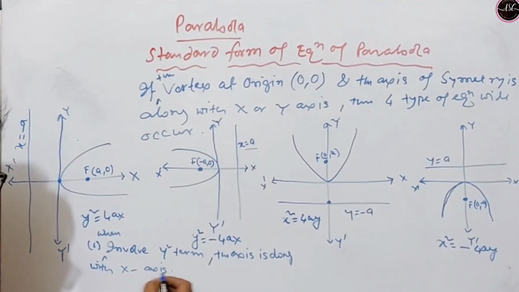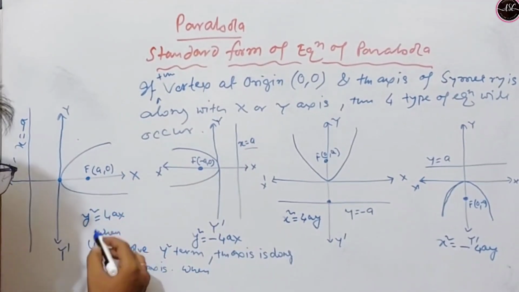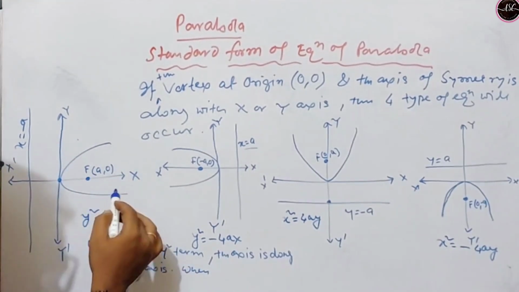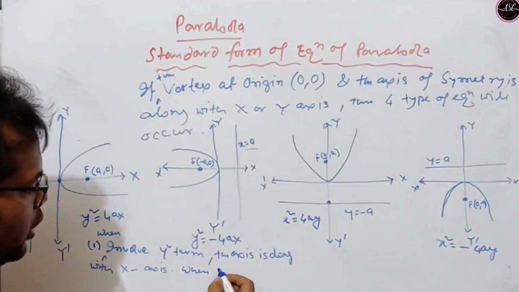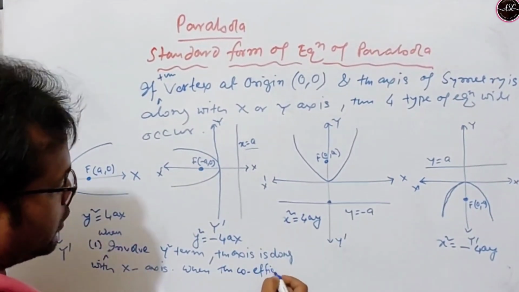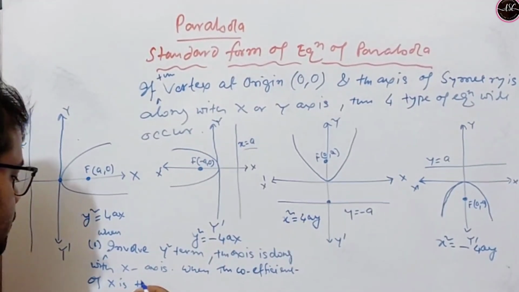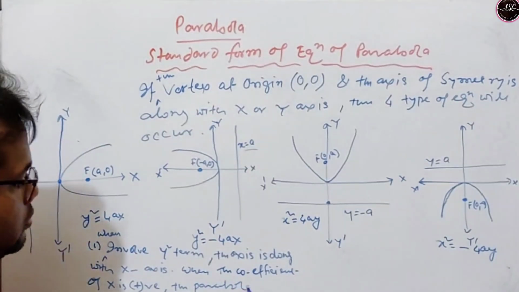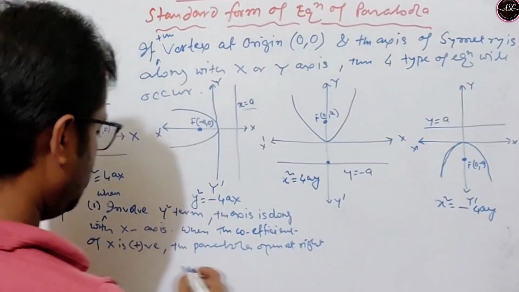When the coefficient of x is positive, the parabola opens to the right side.